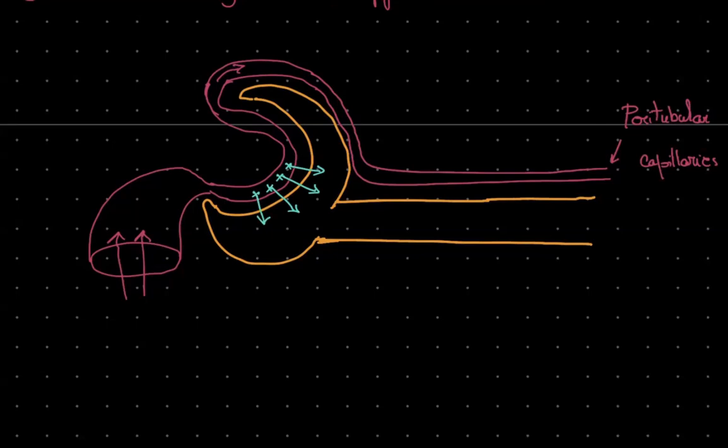But remember, in some cases, more than 99% of what I filtered gets reabsorbed back from my kidney tubules to my peritubular capillaries.